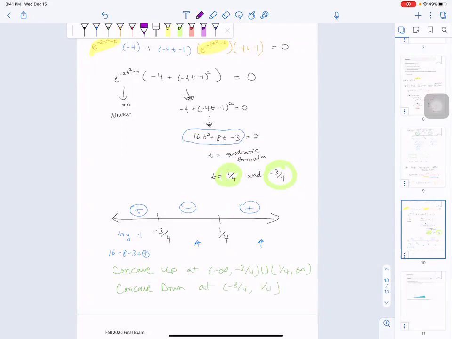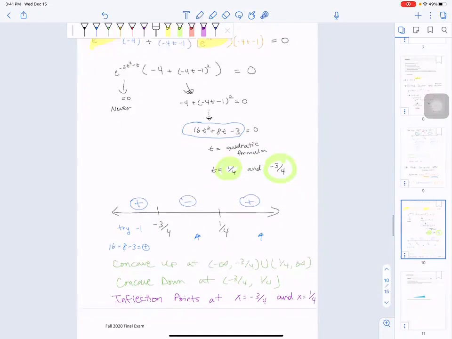And if it asks, because our sign changes at -3/4 and 1/4, we know that our inflection points are at x equals -3/4 and 1/4. Okay, any questions on this?